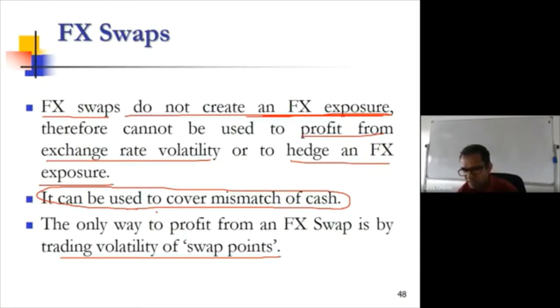Say you have a euro payment today and a euro inflow in 1 month's time. Instead of buying euro today to make the payment, and whenever you receive your euro inflow, selling it to get the other currency, two different transactions, you can enter into a swap transaction to do a buy and sell.